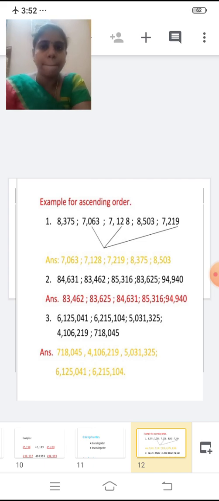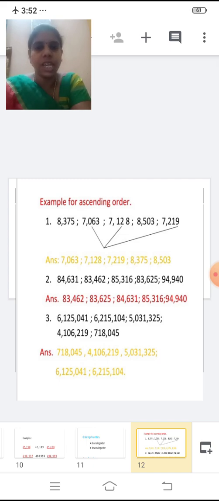7063. Then 1 is smaller than 2. So 7128. Then 7219. Then we have two 8s in the thousands place, right? So now compare the hundreds place.